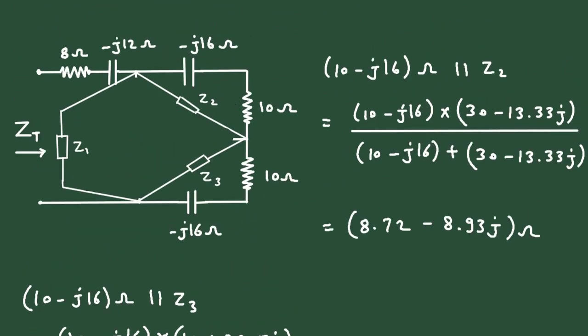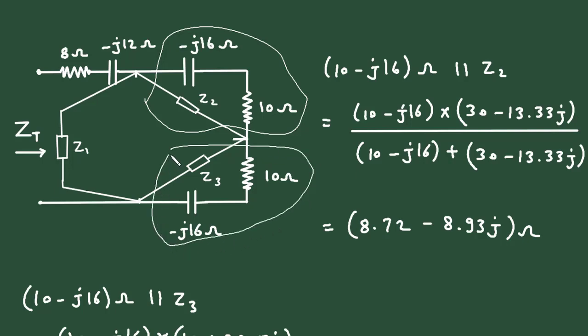Now here we can see we got the answer for this and also we got the answer for this. Now here these two are connected in series, so we have to add them. Let's say this is ZA and this is ZB.